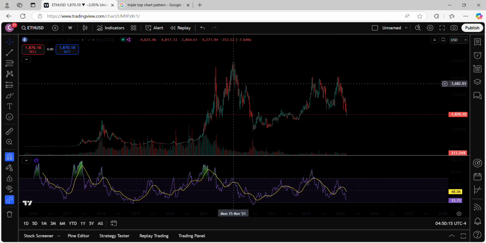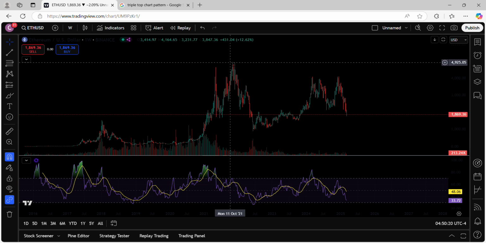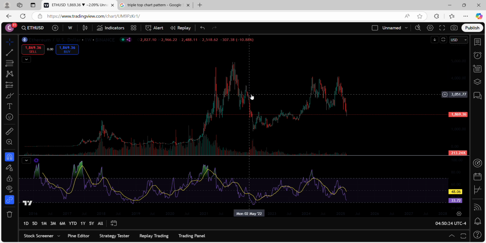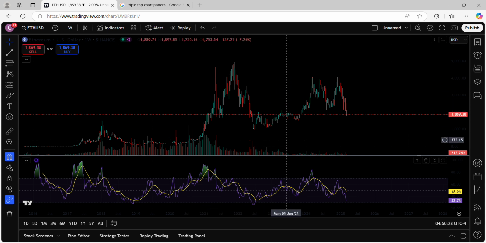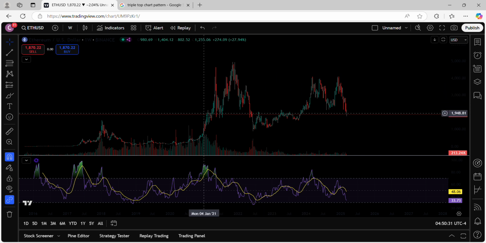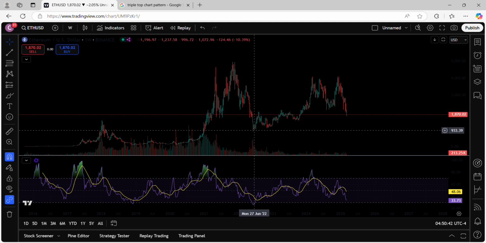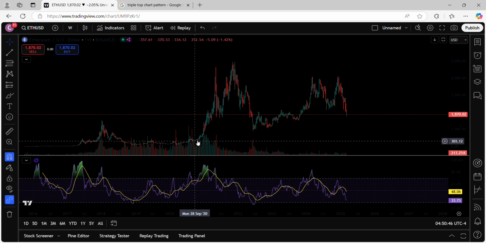What's most important is not this initial parabolic run, but the parabolic decline. And you'll notice in this first run of Ethereum, and I say first run because I'm only referring to the last 5 years of Ethereum, the parabolic decline did not come all the way to where the parabolic incline began.